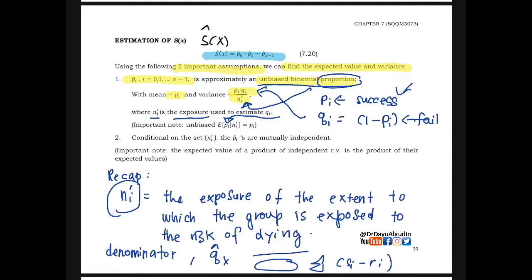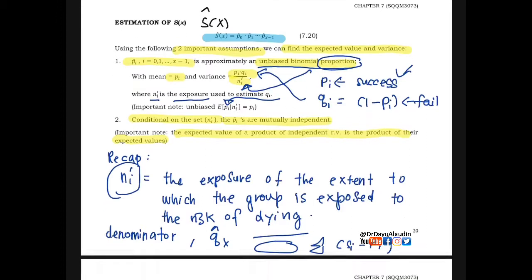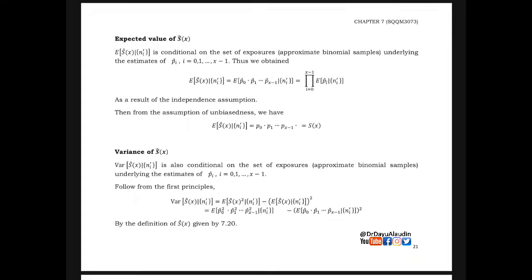So the second condition, on the set Ni, the Pi's are mutually independent. So the expected value of a product of independent random variables is the product of their expected values. I will explain more in the next section for how to find the expected value and the variance.